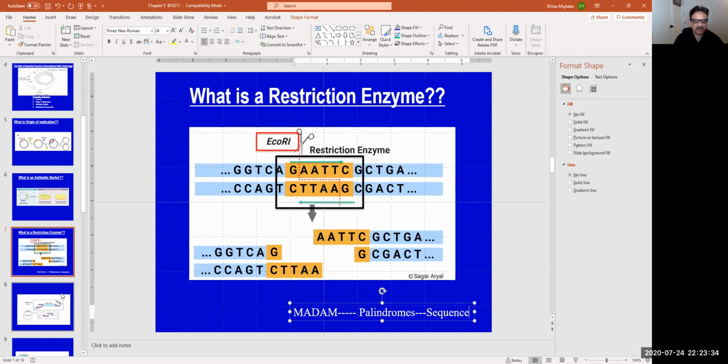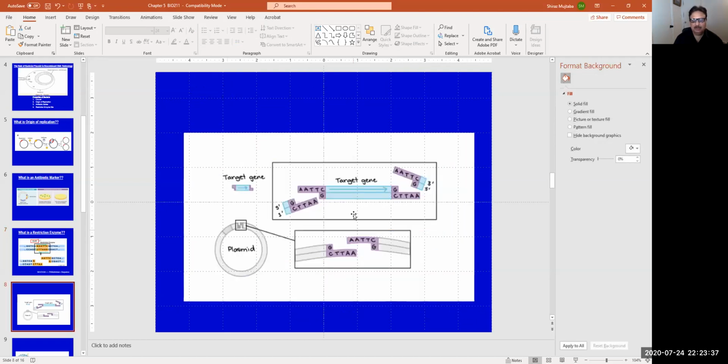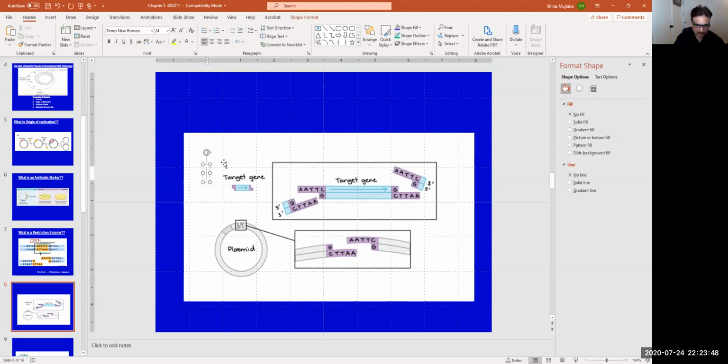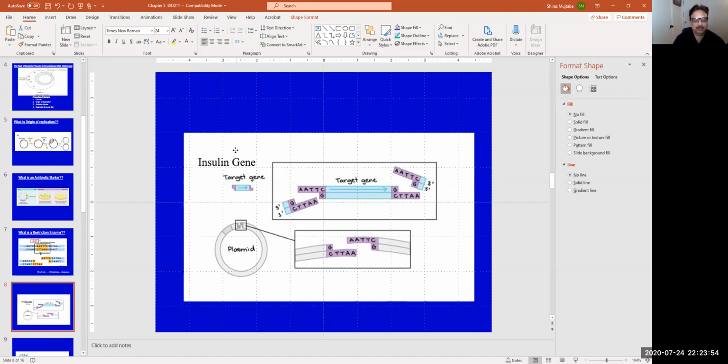When the restriction enzyme cuts the DNA, the cut site on the plasmid can serve to insert the target gene. The target gene in our case was the insulin gene. So the target gene can be inserted into the plasmid through cutting and pasting.